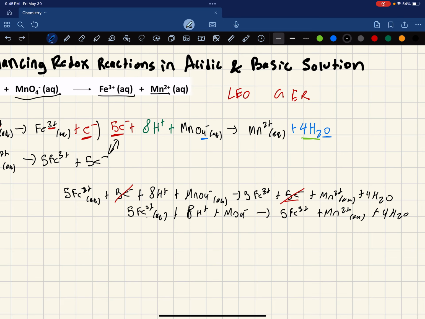This is 8, this is 10 minus, this is 15 plus 2. So this is 17 plus, and this is also 17 plus. So that makes it really easy.